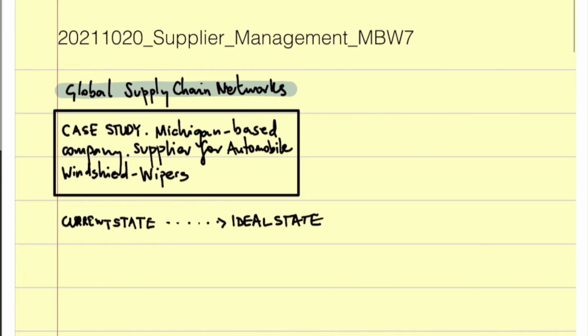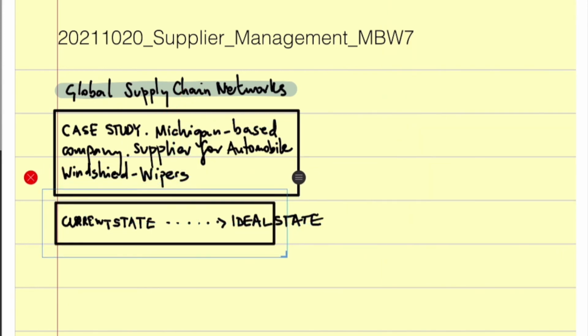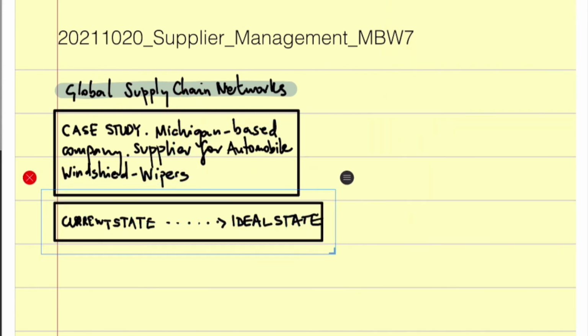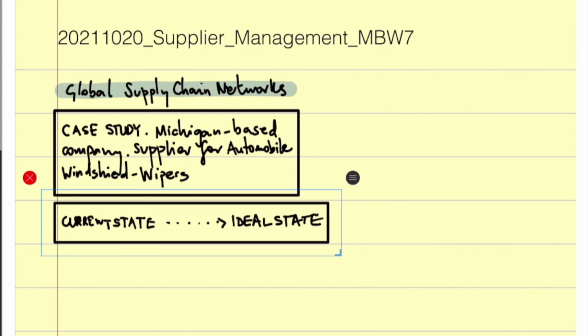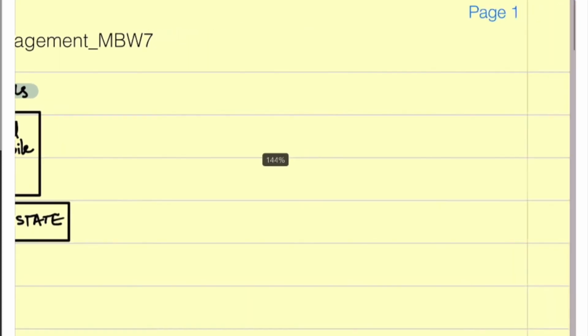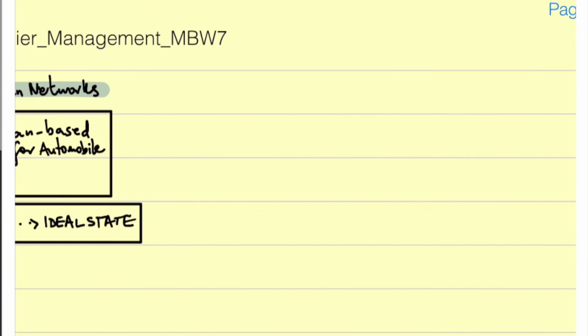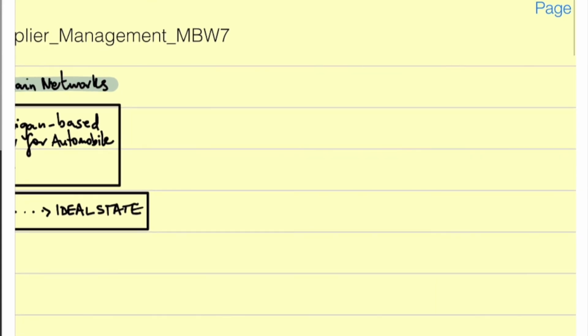So the idea is to create an ideal state for the company, given a certain set of parameters that we will talk about. Okay, so basically what we are doing is we are moving up in the level of technical complexification.